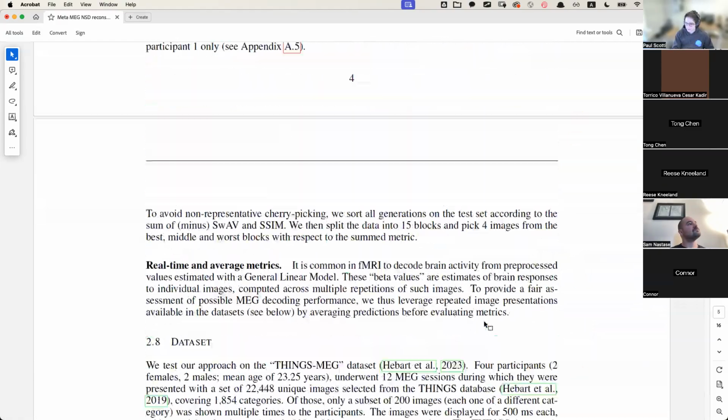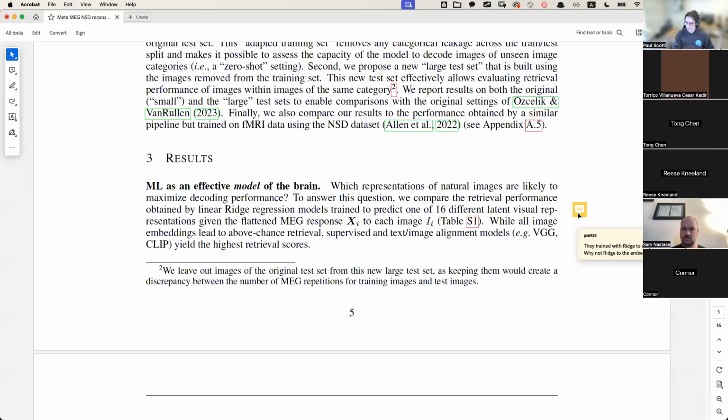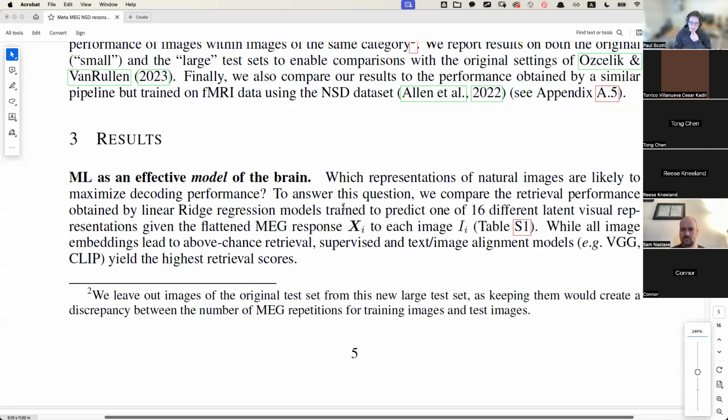And I think I'm wrapping up my comments here. Oh, I had a comment here about how their comparison is with ridge regression, right? My initial interpretation is they'll just do ridge regression for every participant going from the channel space of MEG directly to the embedding space of the images.